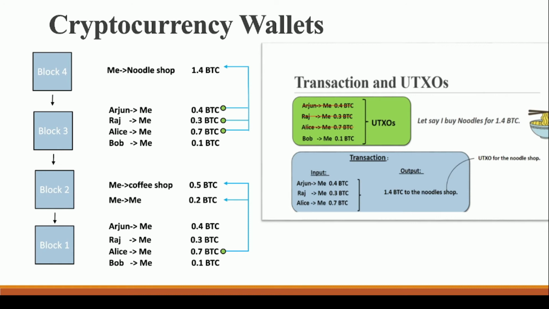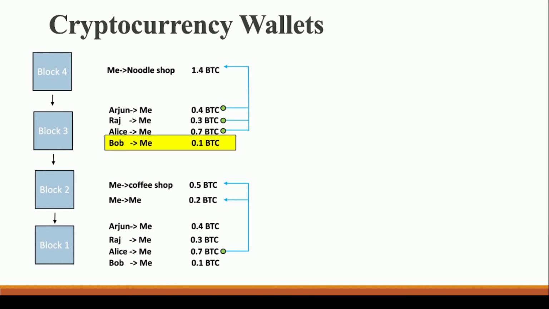Now let us discuss those transactions that we are not spending. This transaction done to me by Bob, we are not using. We are also not using this transaction done to me from me only, when I was giving the change.